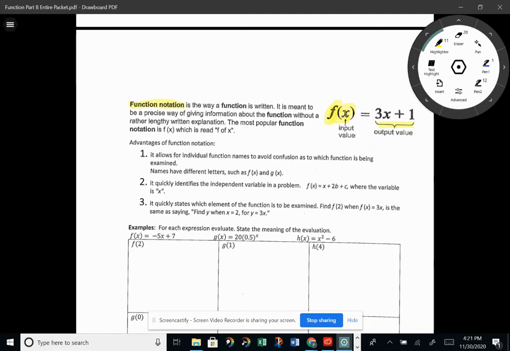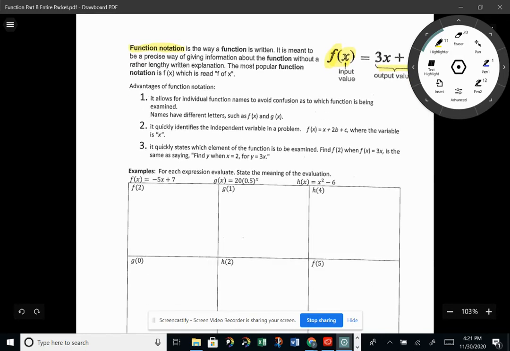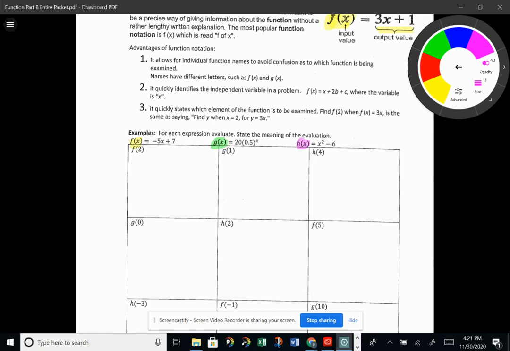All right, so some quick identities. If you notice right here, I have three different functions. I've got f of x, I have g of x, and I have h of x. So I have three different function rules.